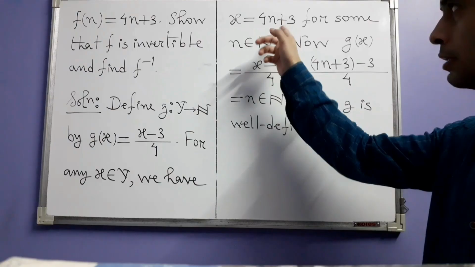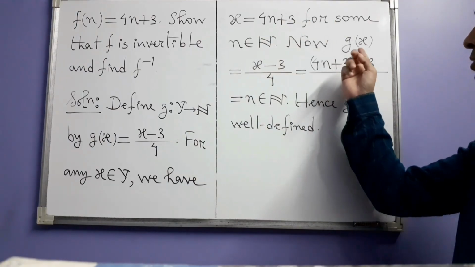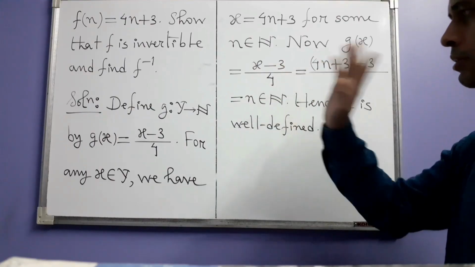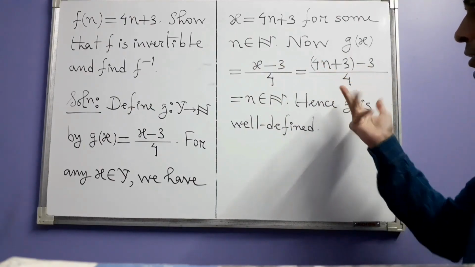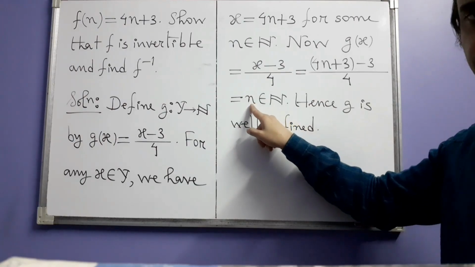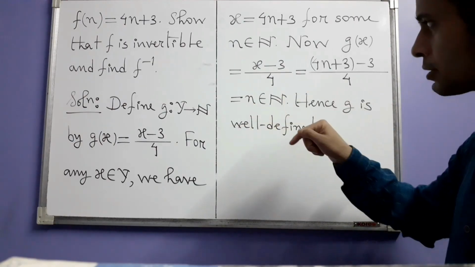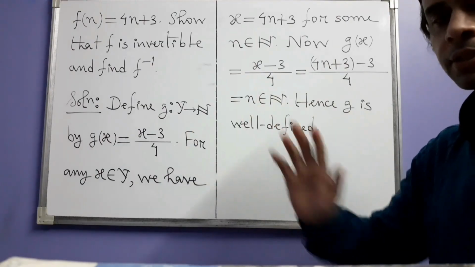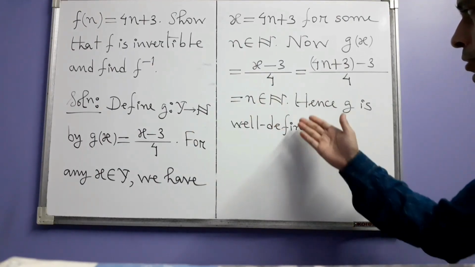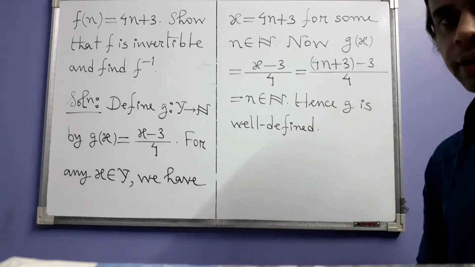Now, with this information, let us see what the output becomes. g of x by definition is (x minus 3) divided by 4, but x is 4n plus 3, and after the necessary cancellations you find that it is n, which obviously is a positive integer. So yes, the output actually lies in n, and that is why this function makes sense. And we express that by writing, hence g is well defined.